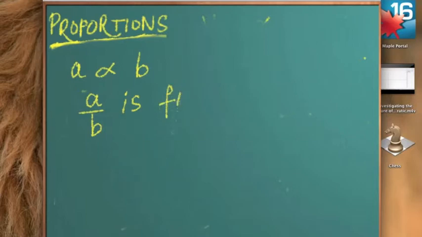We just saw two cases in which this is true. Well, it is true in all cases. So if A and B are in direct proportion, then A over B is fixed. It is one number. No matter how you change A or B, if you change either one of these quantities, the other is going to adjust itself so that the ratio is always fixed. And this is direct proportion.